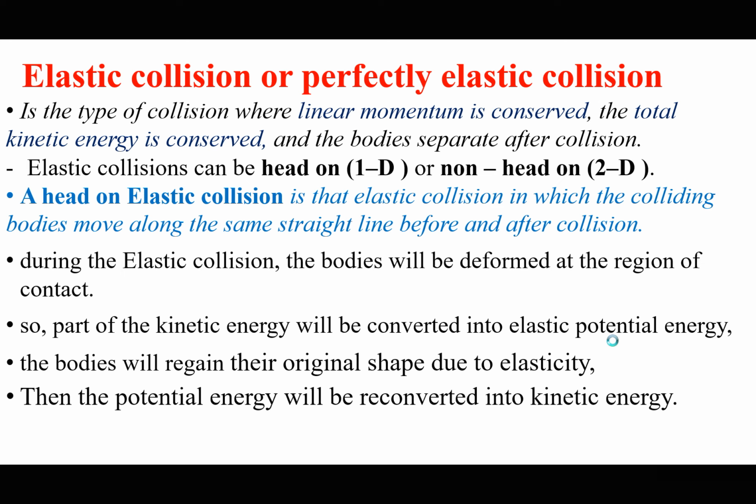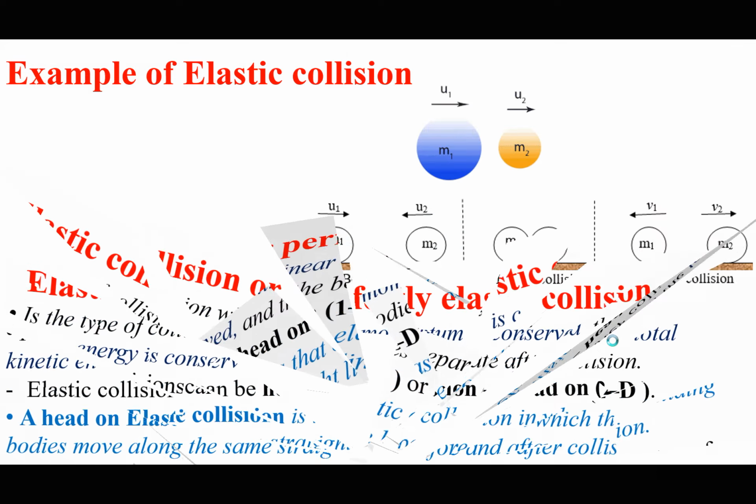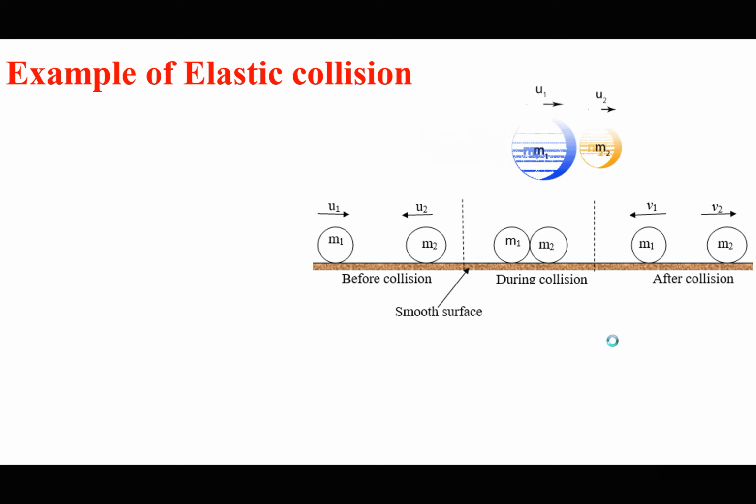Head-on, the bodies are initially in a straight line, and even after collision, they continue moving in a straight line. A simple illustration of elastic head-on collision can be this one here. So we have two bodies, M1 and M2, moving in a straight line, towards each other.